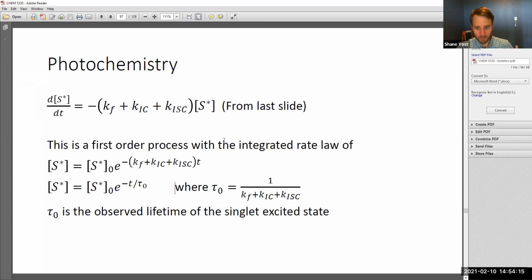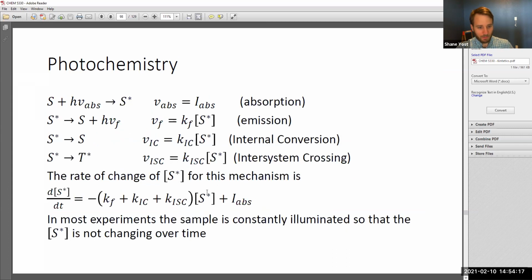Now, if you were to undergo constant illumination, you would reach a point, so let's say you're shining light continually on this molecule. That means it's continually absorbing that light to form an excited state. Its concentration is going to increase as a function of time until there's so much excited state that it's decaying fast enough to go back down to the ground state.